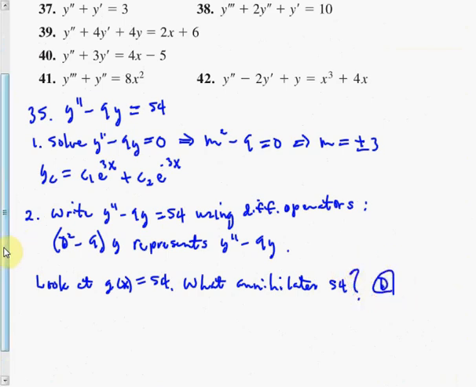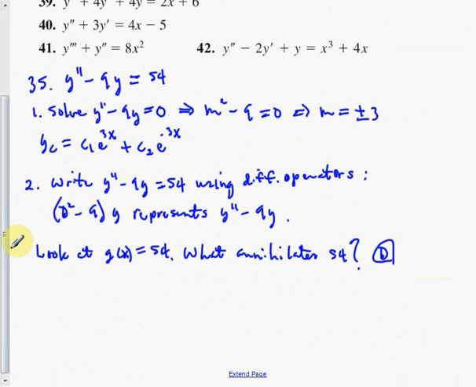D. Okay. So if that be the case, then I'm going to say now D times D squared minus 9 applied to y gives me 0. It annihilates the whole thing.